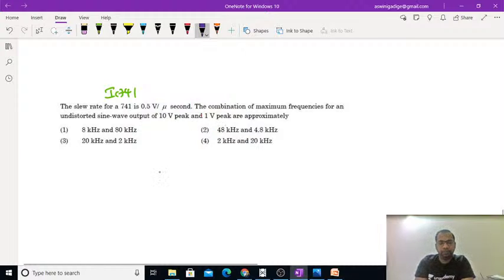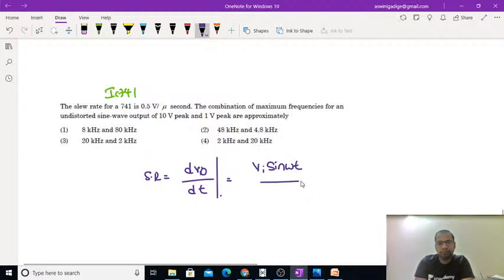From this question, slew rate means the rate of change of output. How fast the rate of change of output is happening, and let's take the output is proportional to the peak voltage.